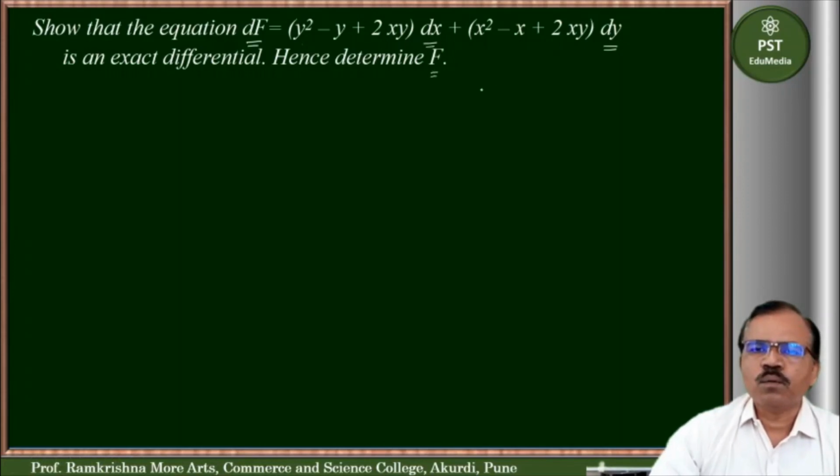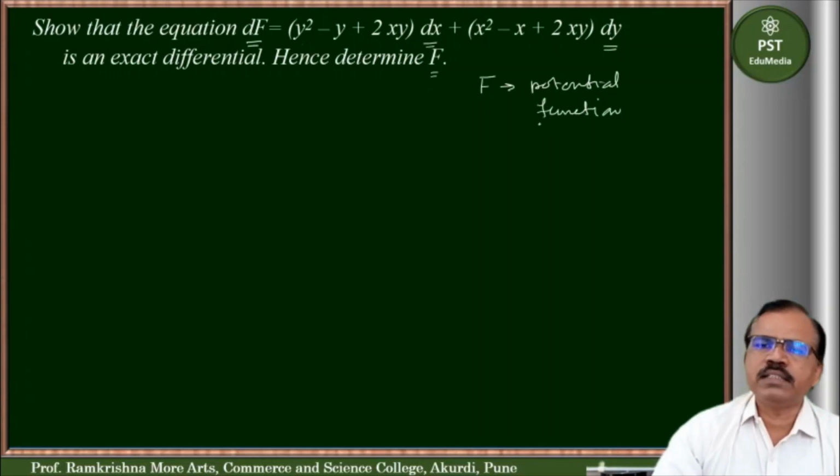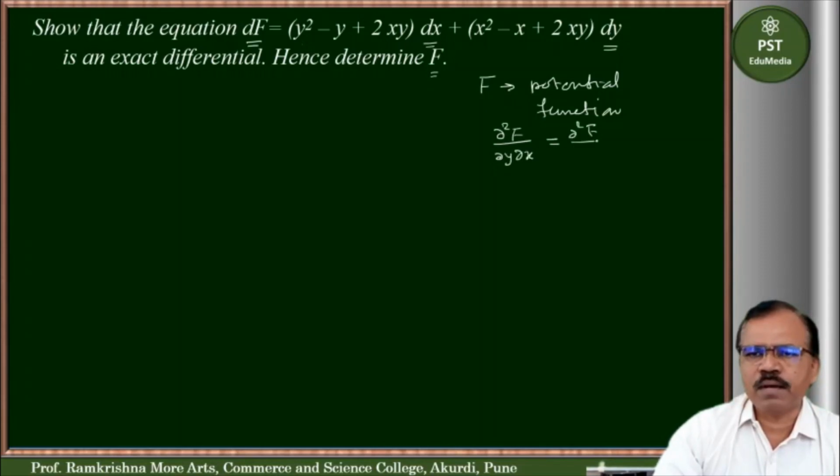Now we must know if f is a potential function, then mixed partial derivatives are equal. That is, del square f by del y del x will be equal to del square f by del x del y.